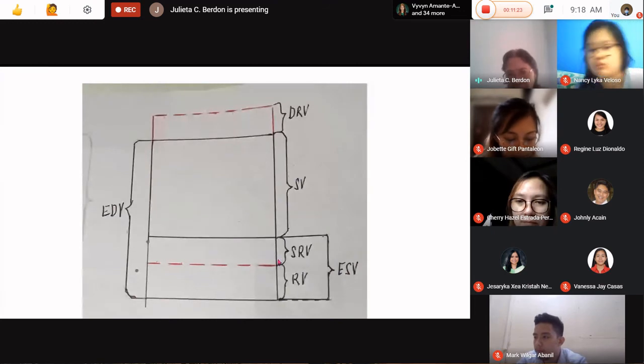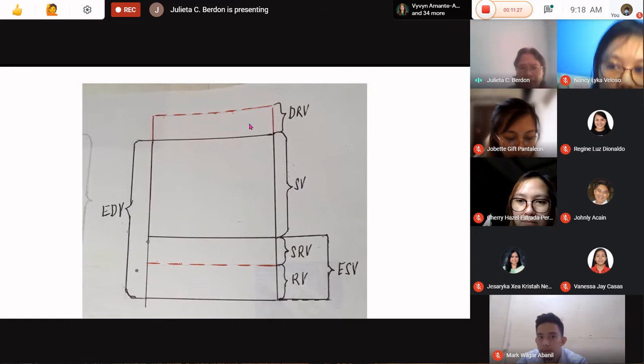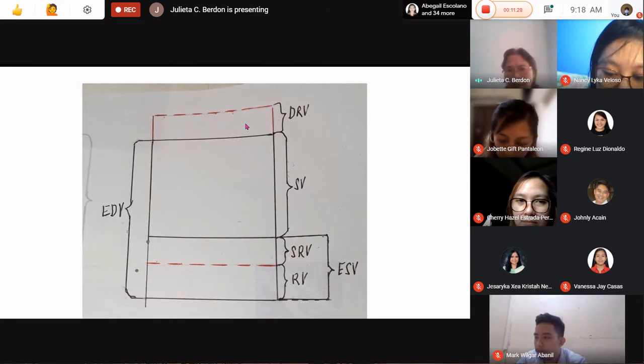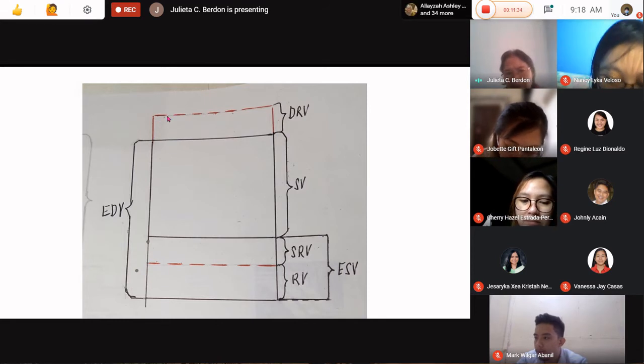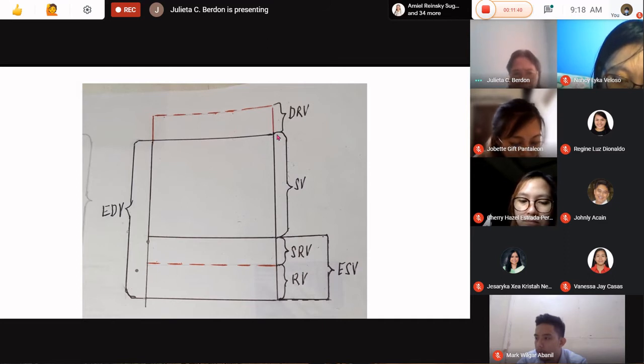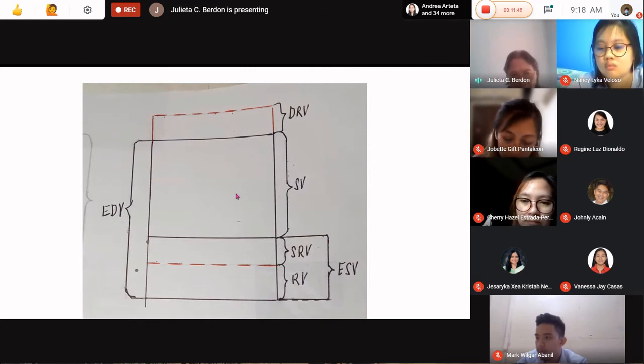Now, this one up here is the diastolic reserve volume. What do we mean by that? Normally, with normal activity, you just have this end diastolic volume. But your heart can still accommodate an additional amount.